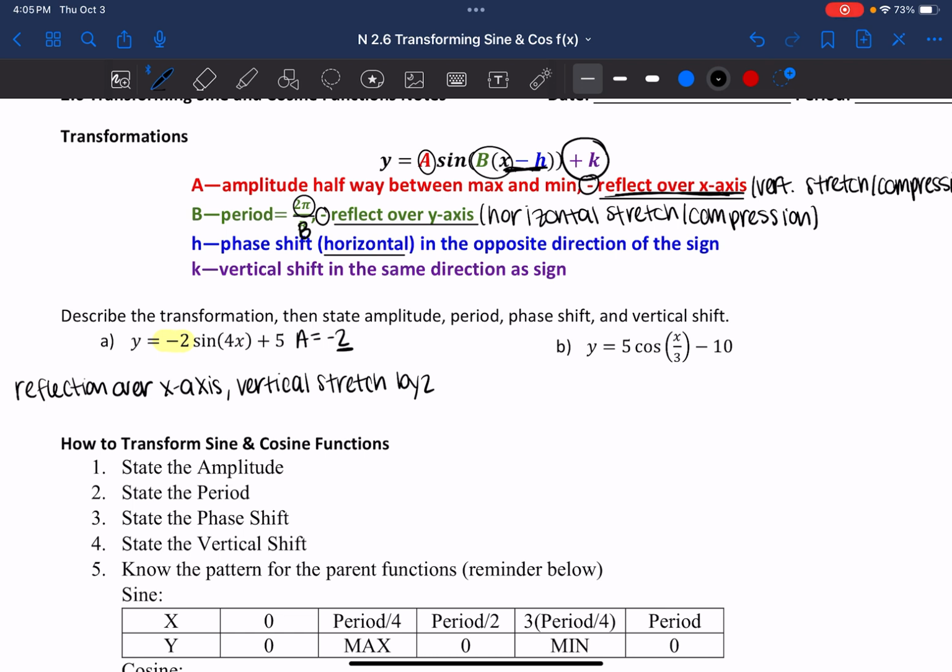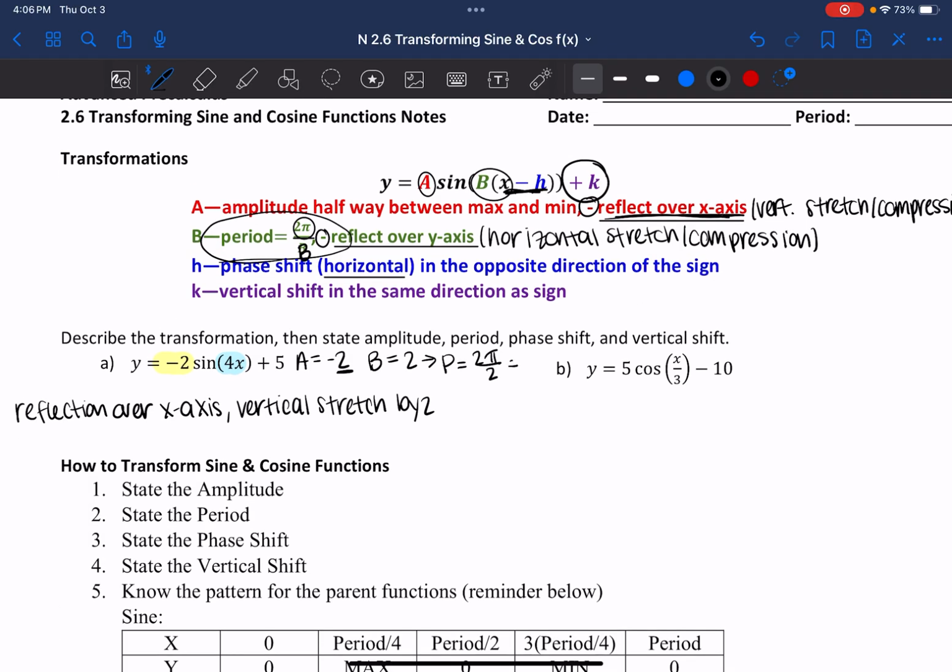From there, we would need to then identify our b value. Our b value is that part that's in there with x. So our b value would be 2, which doesn't mean a lot to us on its own, but we were told here that we can use that to help us find the period of our function. So you take 2 pi and divide it by b. So 2 pi divided by 2 is going to give us pi. Oh, sorry, it's not 2, it's 4. So b would be 4.